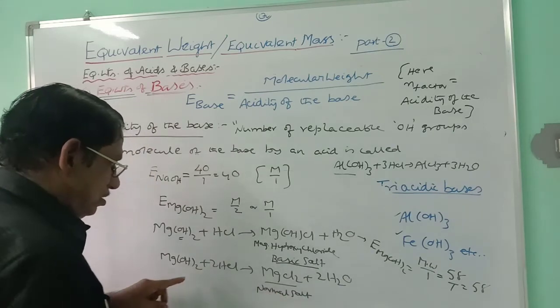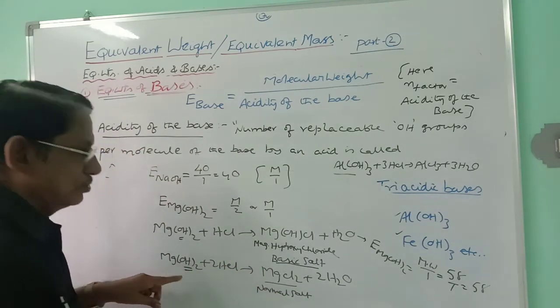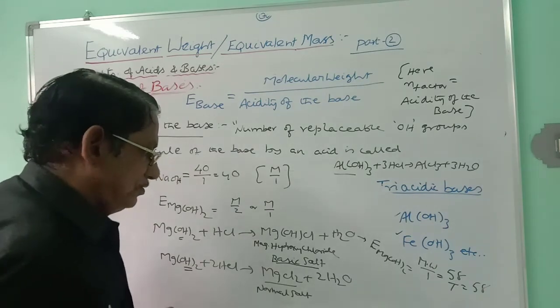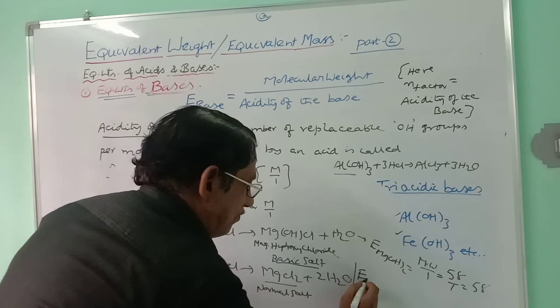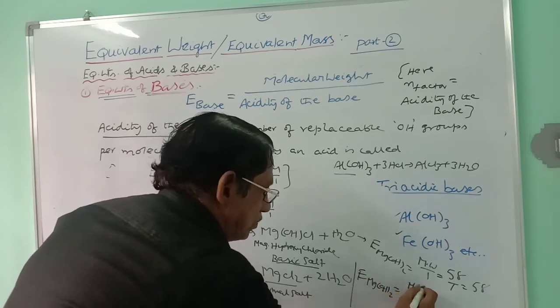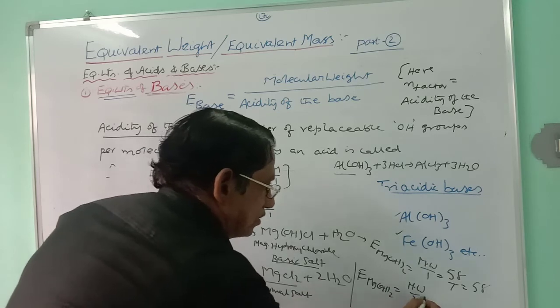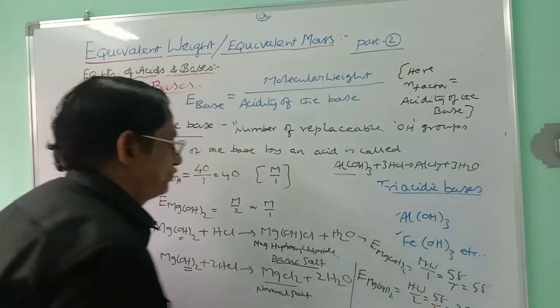In the other case, all the two OH groups are replaced by H+ ions, and so here the equivalent weight of magnesium hydroxide in the second case is equal to Mw by 2. So this is equal to 58 by 2, which is 29.